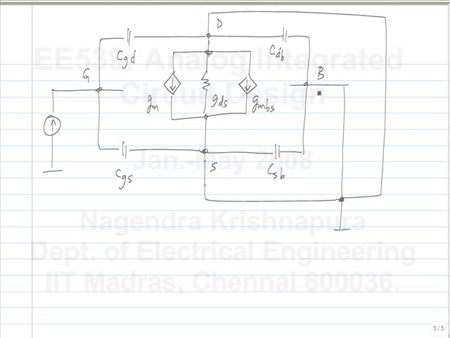So because the bulk source is shorted, this current source is disabled. Disabled meaning it is giving zero incremental current. Okay. And CSB and CDB are also shorted. What we are interested in is the current out of the drain terminal. Okay.